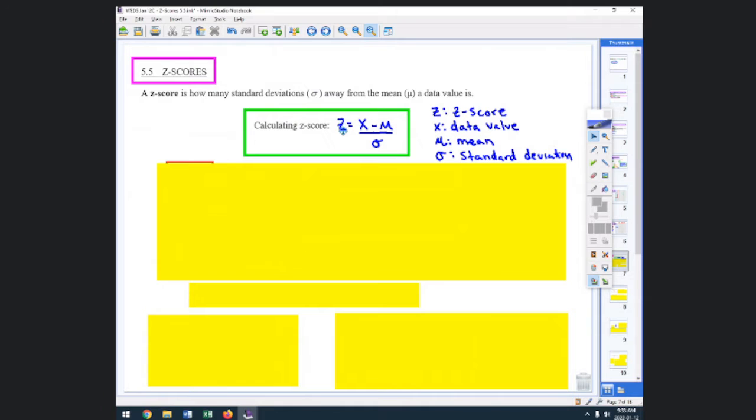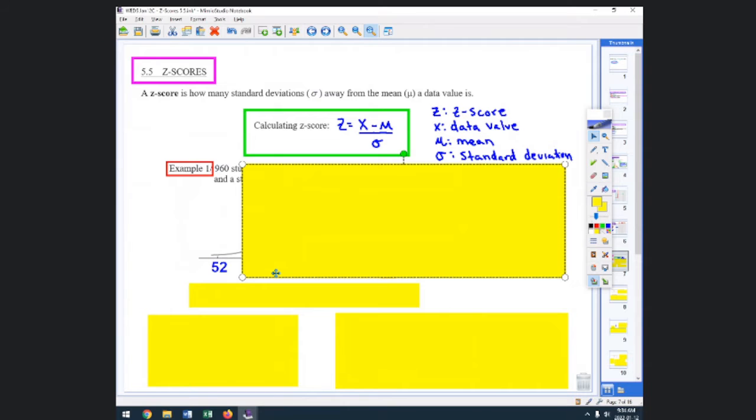That's what we're trying to find. X would represent some random data value, which you'll see once we work on an example here in a minute. Mu is just the population mean, and sigma is the standard deviation. So I have 4 unknowns. If I give you any 3 of those, can we solve for the one we don't know? Isn't it just a little equation?